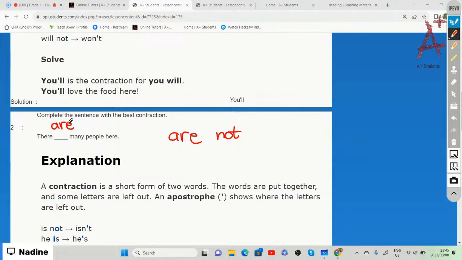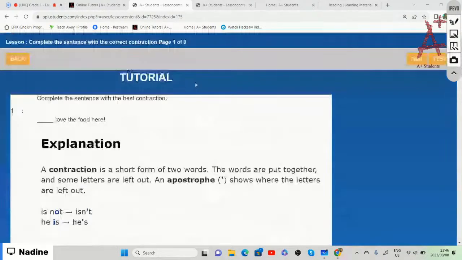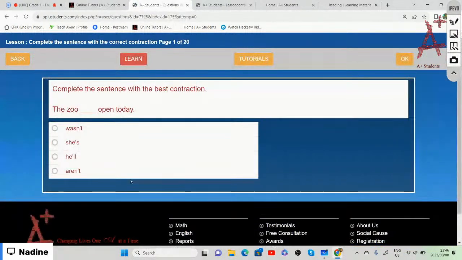Then we have are, then we have an N, we drop the O, and then we have aren't. There aren't many people here. And that is how we complete sentences with the correct contractions.